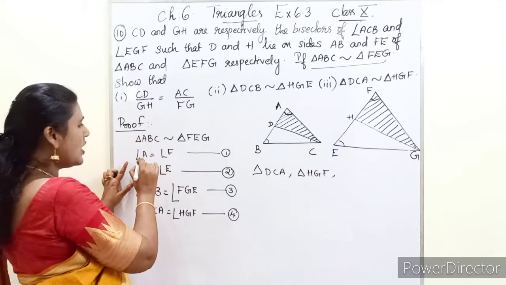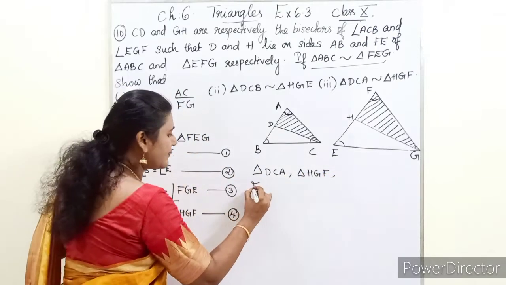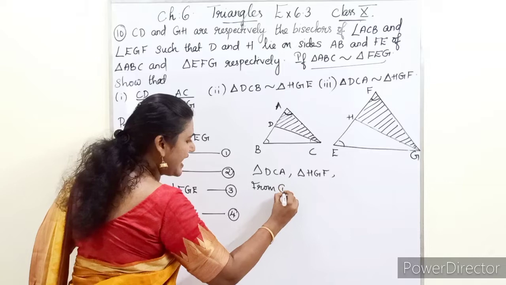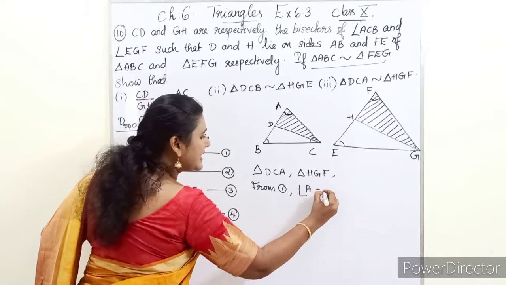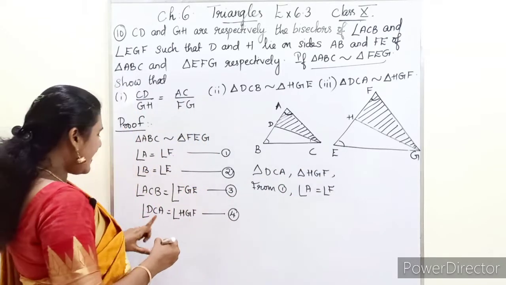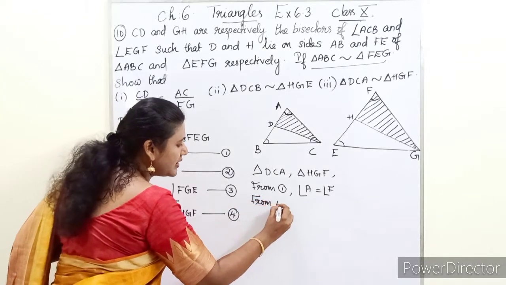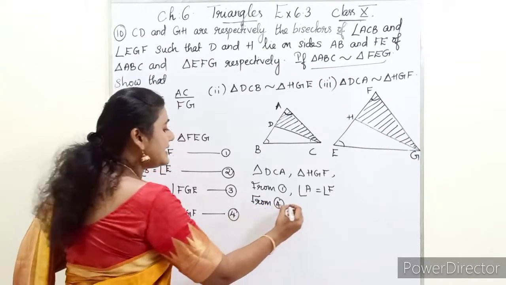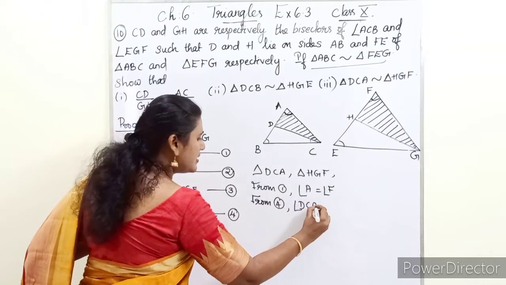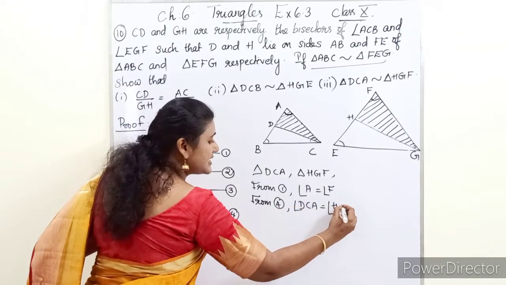From equation 1, angle A and angle F are equal, and from equation 4, angle DCA is equal to angle HGF.